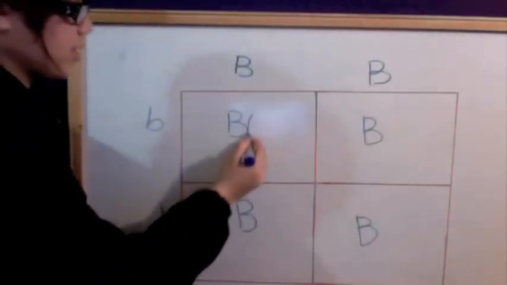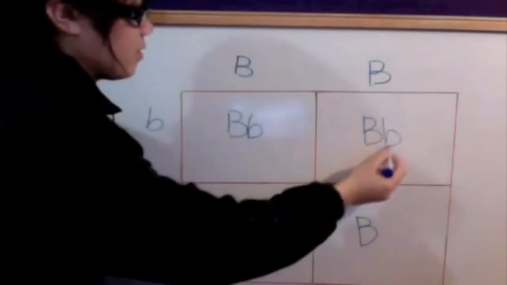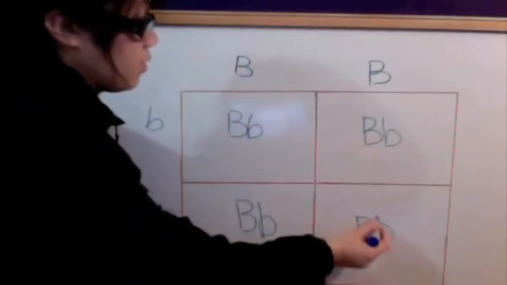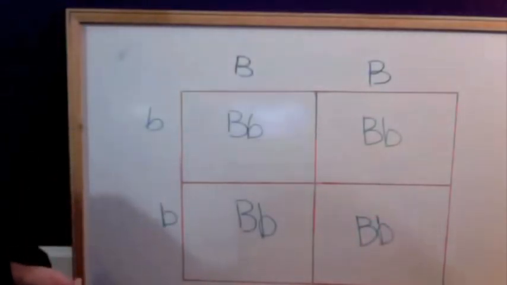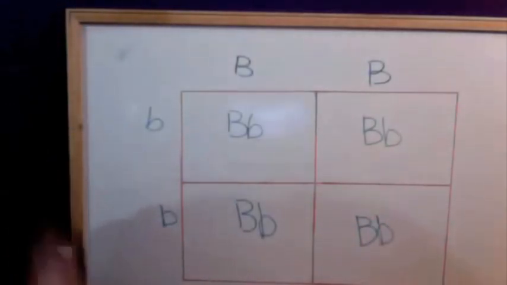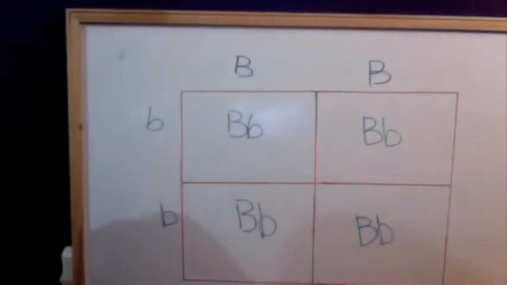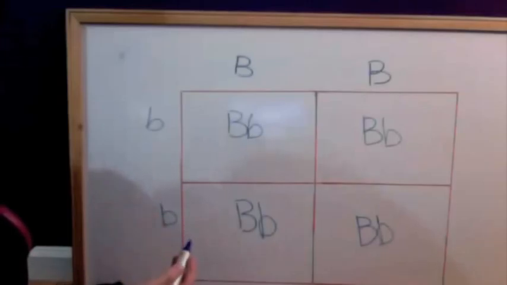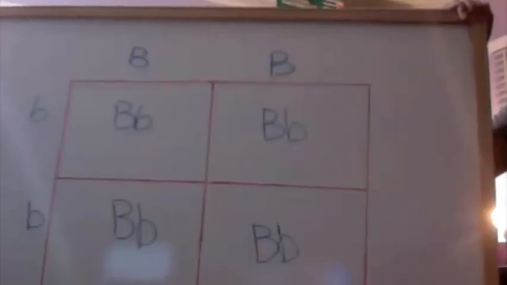The genotypes in the box determine the phenotypes of the offspring of the 2 parents. The 4 boxes represent percentages out of 100, which means each box is 25%. You can determine what percentage of the offspring will have a specific genotype.